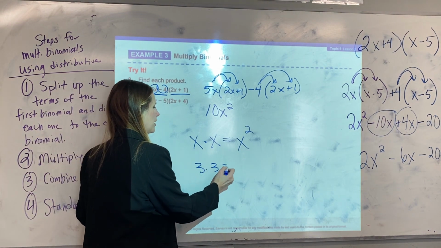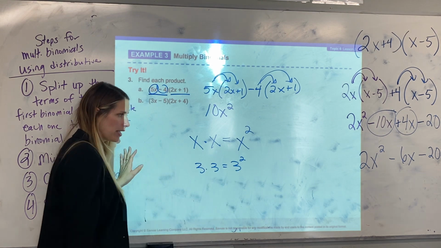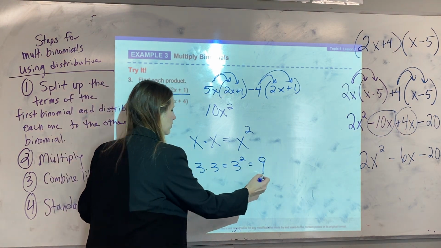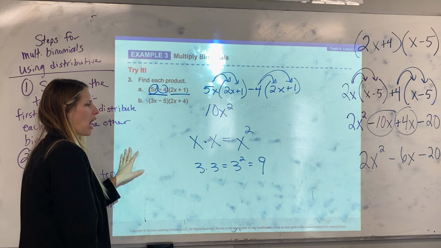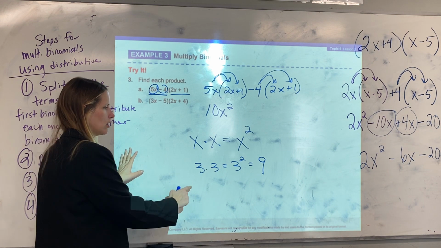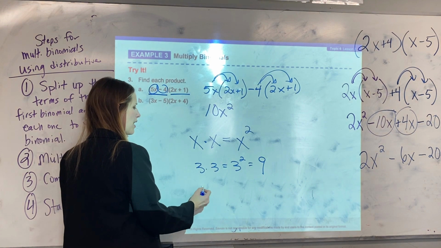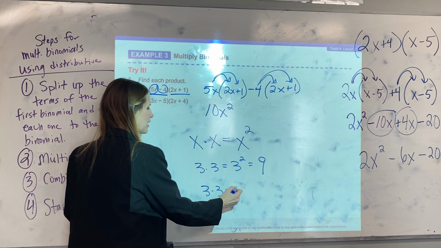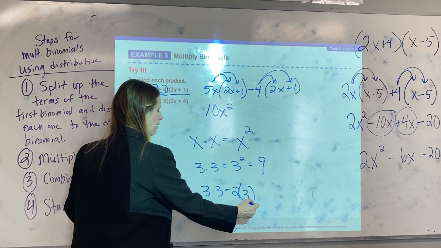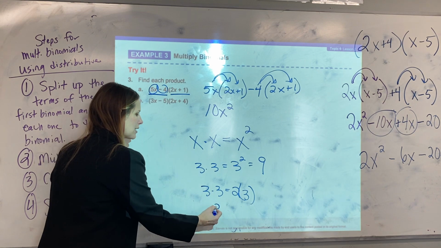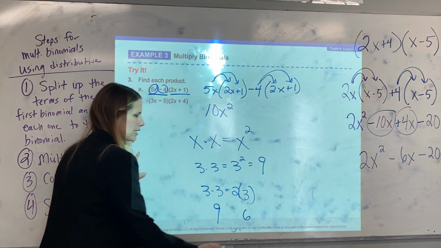3 times 3 equals 3 squared, right? Which equals 9. If you're telling me that I can just do 2x, then you're saying that 3 times 3 could also be written as 2 times 3. 3 times 3 is 9. 2 times 3 is 6.